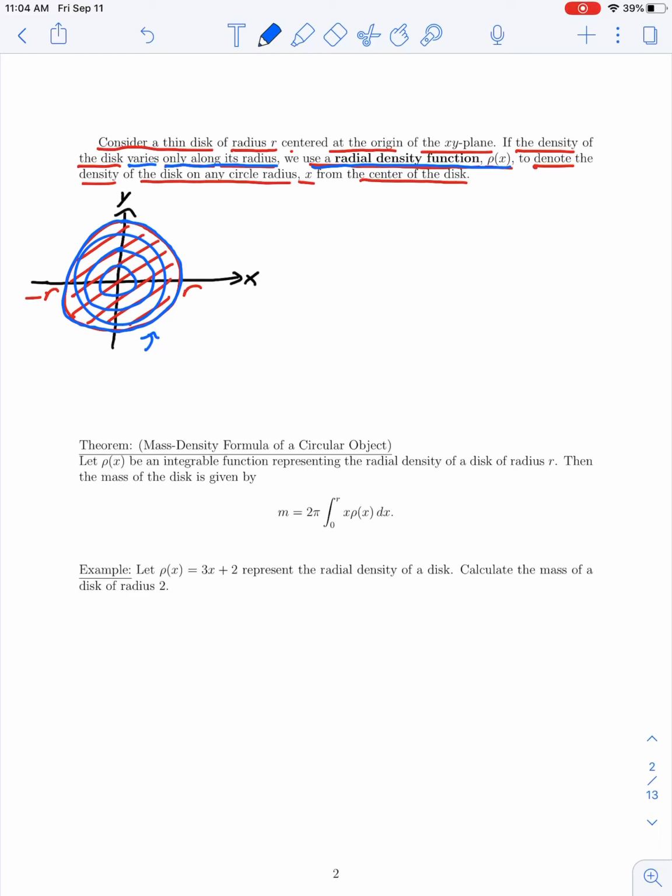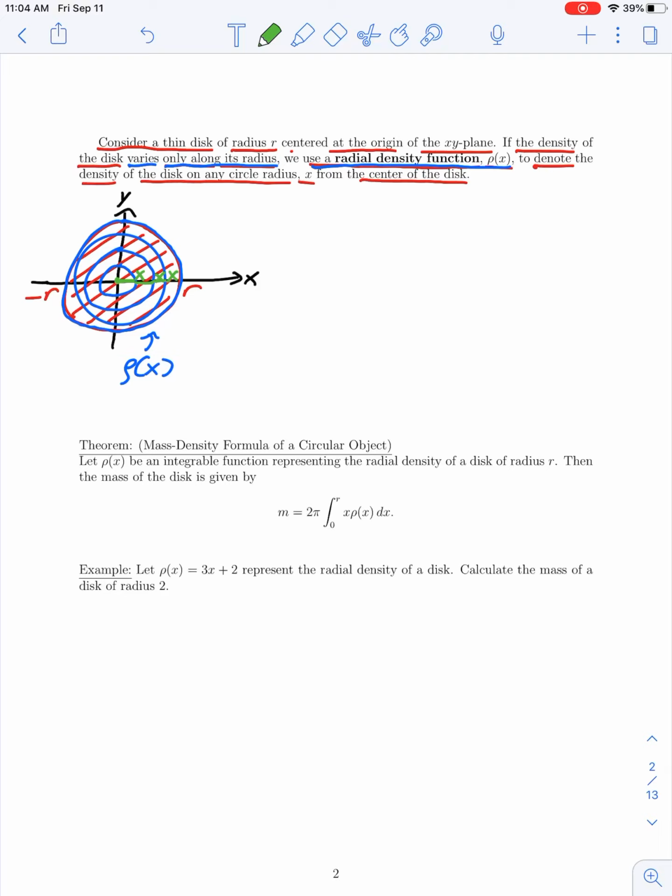And the density of our disk on one of these particular circles will be denoted as rho of x, where x is the distance that we've moved outward from the origin. So it's the radius of these different circles.